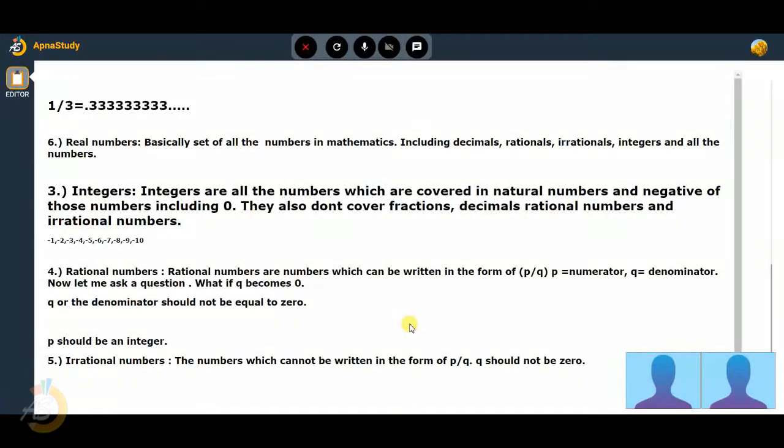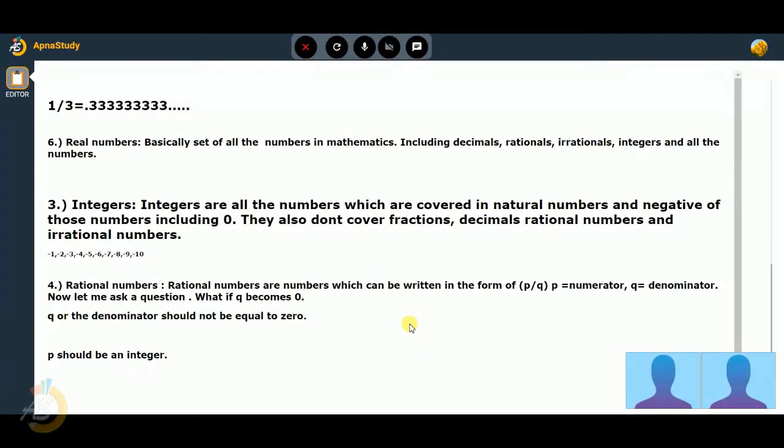So real numbers cover all the numbers we have discussed in mathematics: negative, fraction, decimal, rational, irrational. All the numbers are examples of real numbers. Is it clear? Yeah, very much clear.